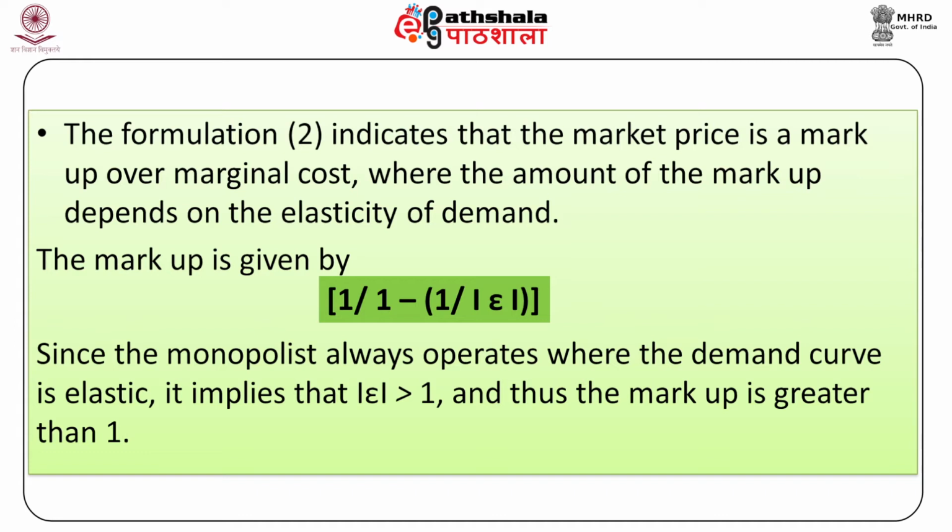Now, since the monopolist always operates where the demand curve is elastic, the absolute value of sigma is greater than 1 and thus the markup is also greater than 1.